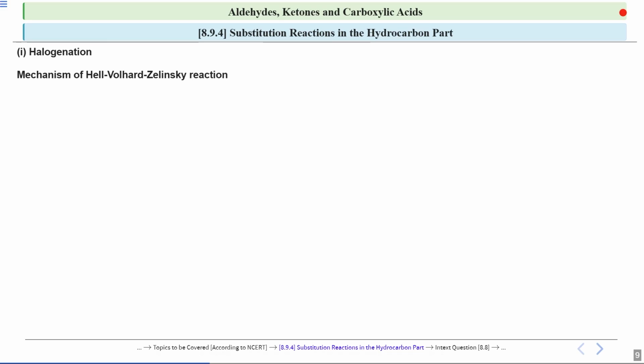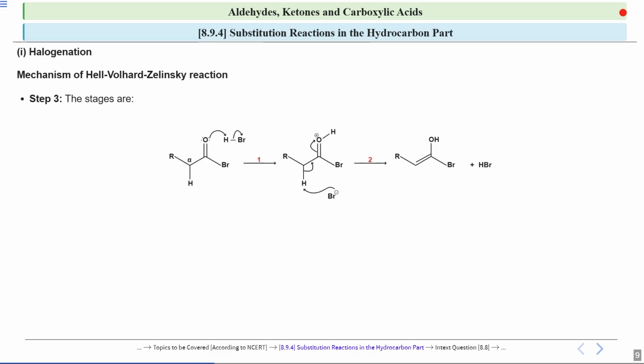Now we will see the next step of this mechanism. Let's see what is happening in step 3. In the first step, the carbonyl oxygen is protonated.